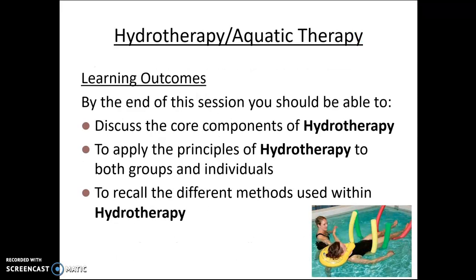So in today's session, we're going to cover hydrotherapy or aquatic therapy, and what I want you to take home are the core components of hydro. Apply the principles of hydrotherapy to both groups and individuals, and then recall the different methods used within hydrotherapy.